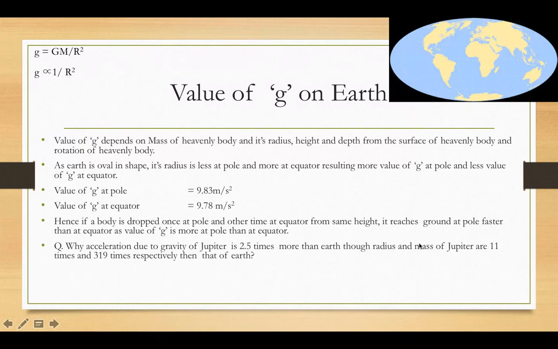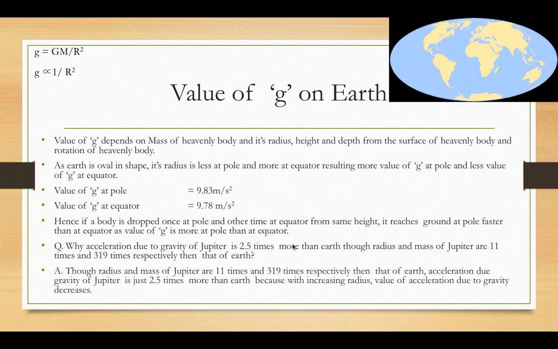Here the radius has increased by 11 times. So when the radius increases, what will happen? The acceleration due to gravity will decrease. And because of this reason, though the radius and mass of Jupiter are really high, it will not make that significant a difference in the value of acceleration due to gravity.